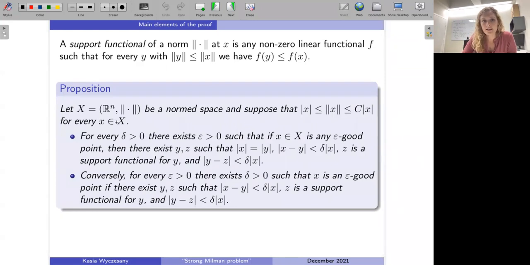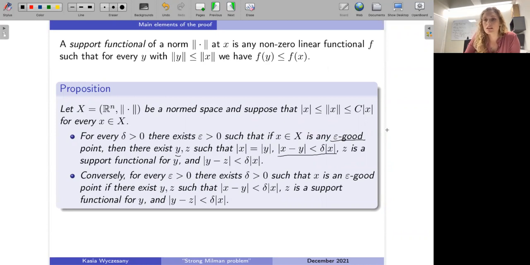So if I have a space X, which is a normed space, of course, and it's Euclidean in the stronger sense here, but this is not the most important thing, then we have the following equivalence. For every delta, there exists an epsilon such that if X is epsilon good, then there is a point Y which is close by, has the same norm as X and is close to X itself, and there exists Z, which is a support functional for Y, such that the difference between Y and Z is also very small.